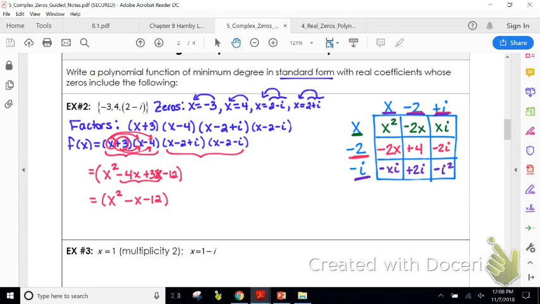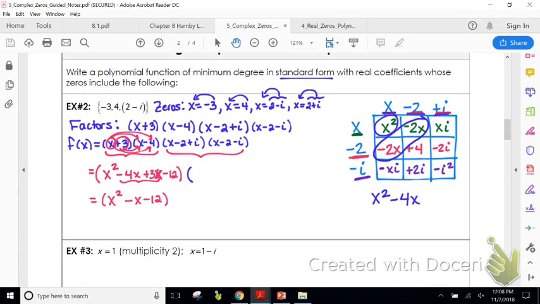So I'm going to go through and combine like terms. Actually, I'm going to write it underneath it first. All right, so we have an x squared, correct? Now look here, I have a -2x minus 2x, which is what? Good.